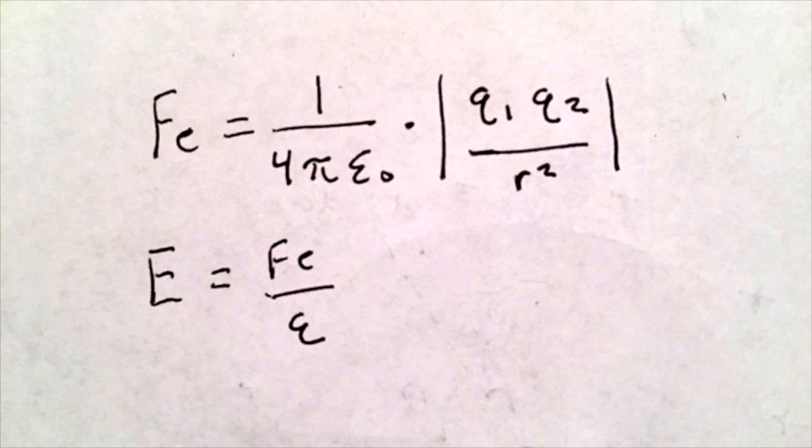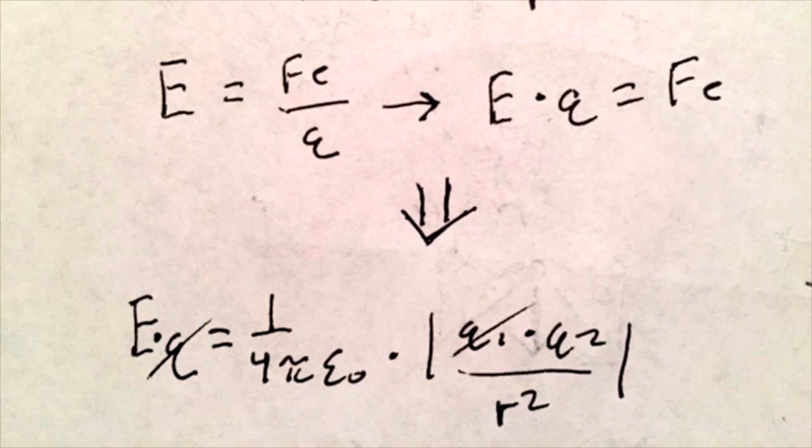Holding on to these ideas, we can start to set up the base equation, so to speak, using two equations found on our yellow equation sheet. By multiplying the E equation by charge, we can get Fe on the same side, and then set the two equations equal to each other.